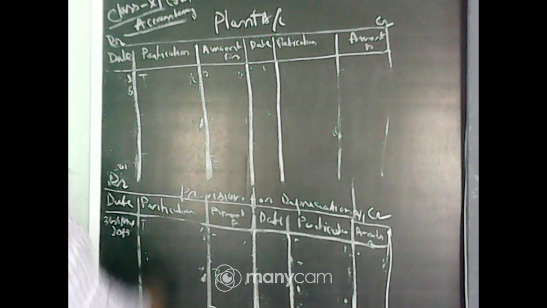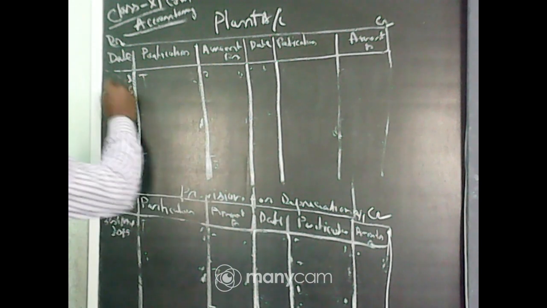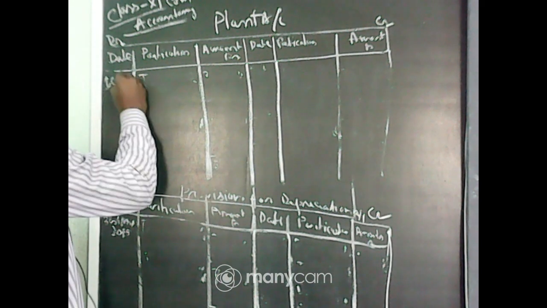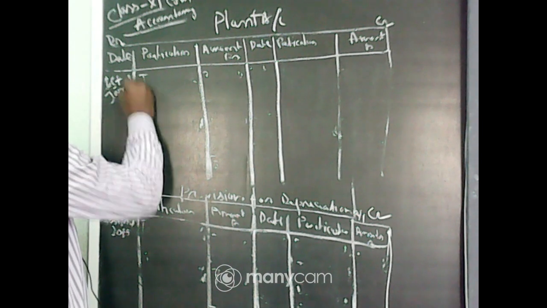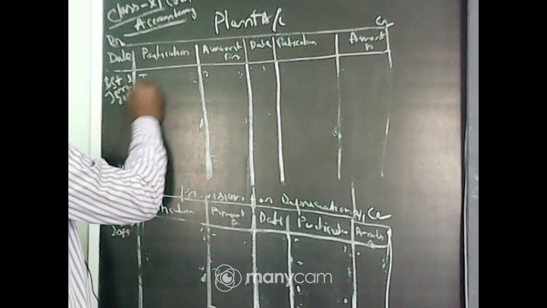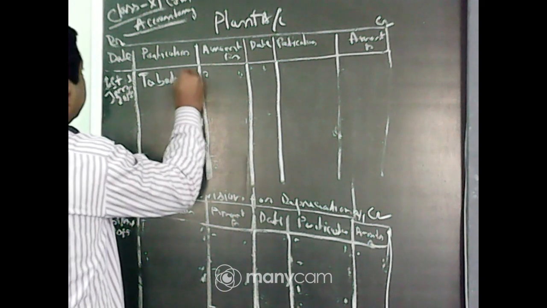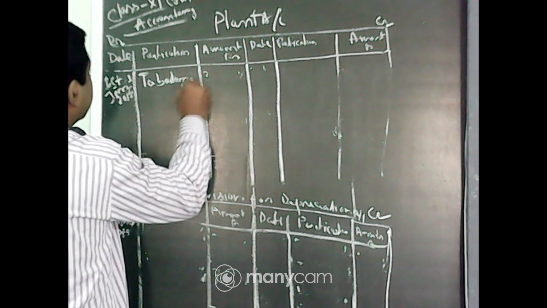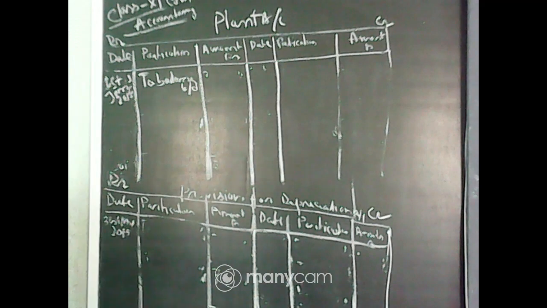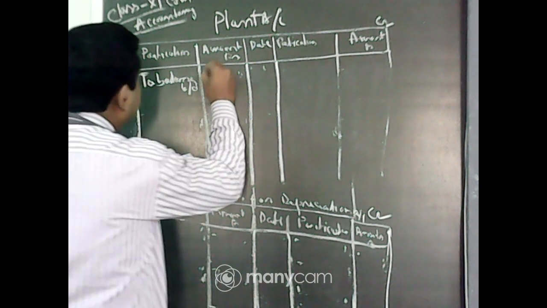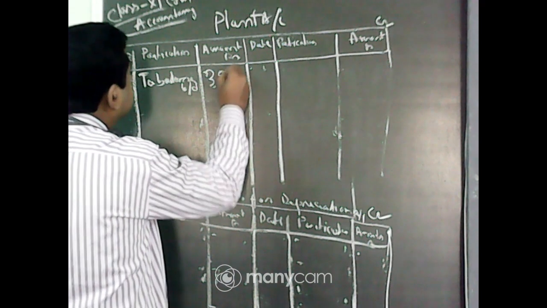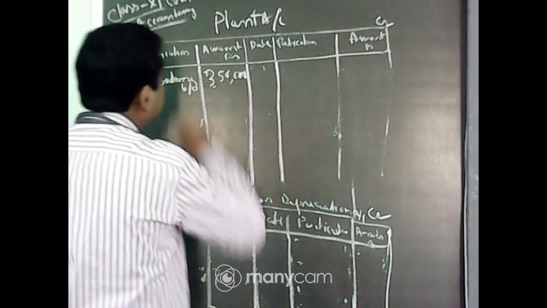Now first we write down the balance of 2017, that is 1st January 2017 balance is to balance BD, that is 3,50,000, that is the original machine value.